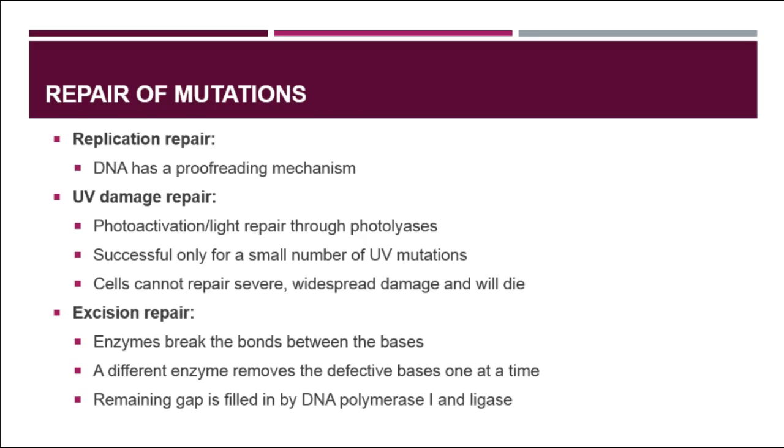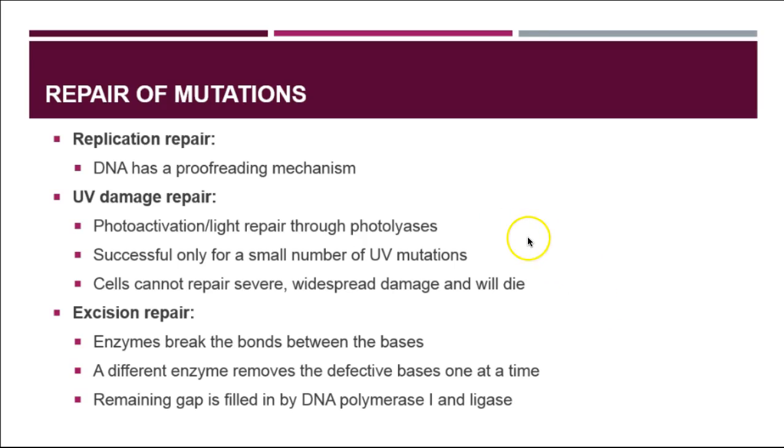Now, cells have developed a number of ways to repair mutations. DNA has several enzymes that are involved in proofreading that sequence in order to make sure that the nucleotides added are correct. Cells also are able to address things like UV damage.